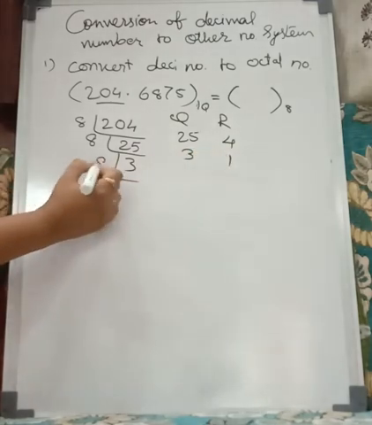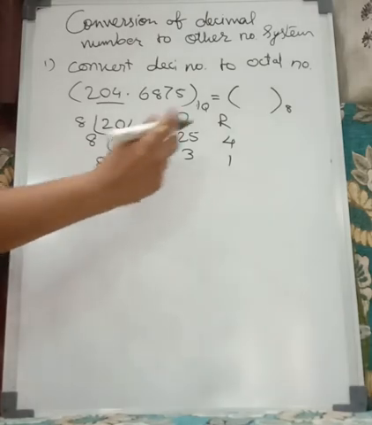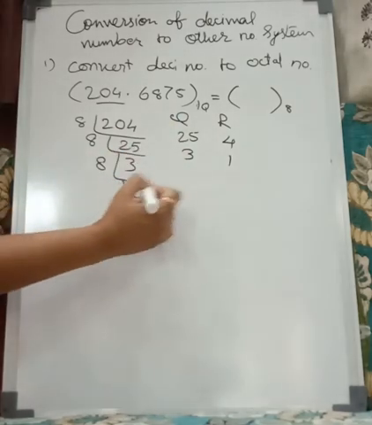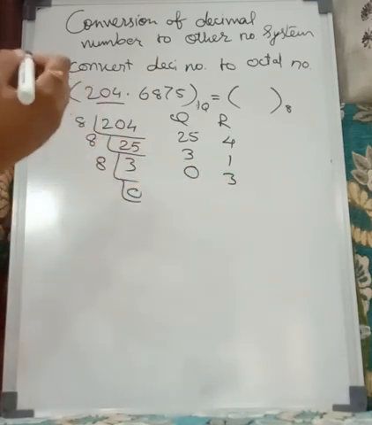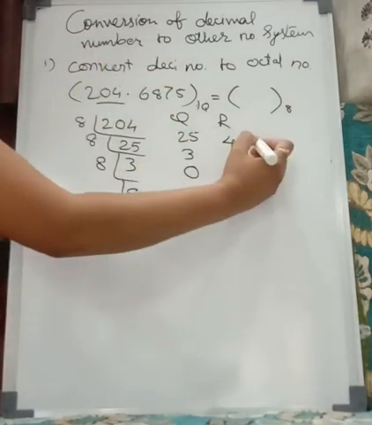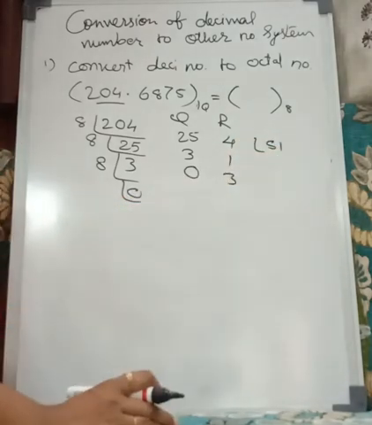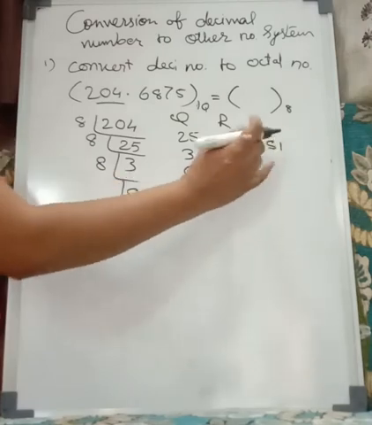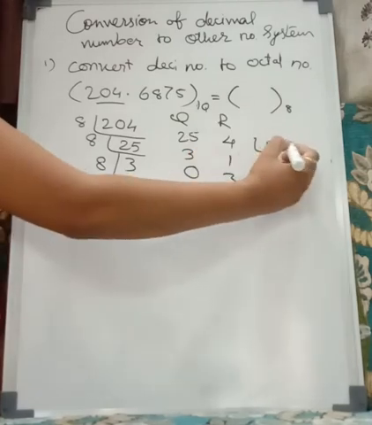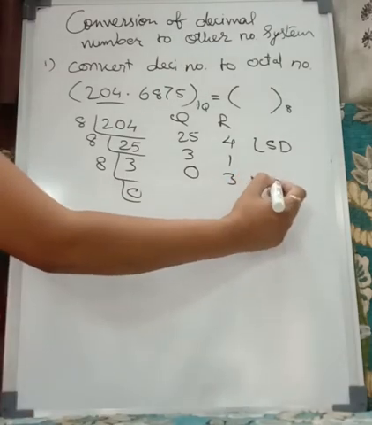And again when I divide it by 8, what will I get? I will get quotient as 0 and remainder as 3. Okay, so likewise in the earlier case, this is my LSD. I will not say LSB because it's not a bit, it is a digit, that's why I'll write it as LSD, and this is MSD.